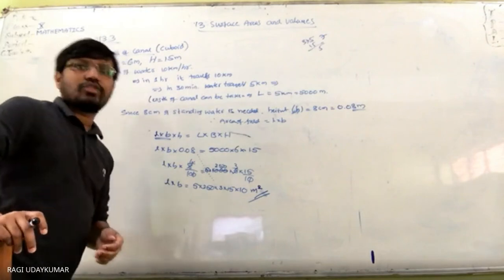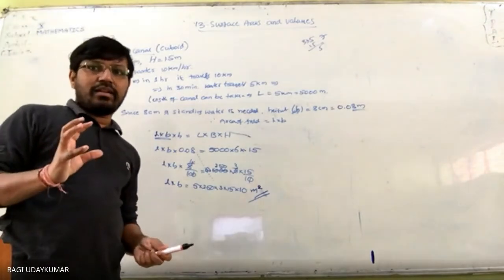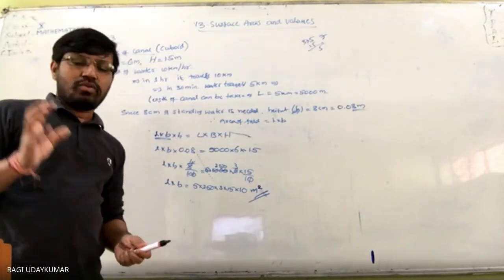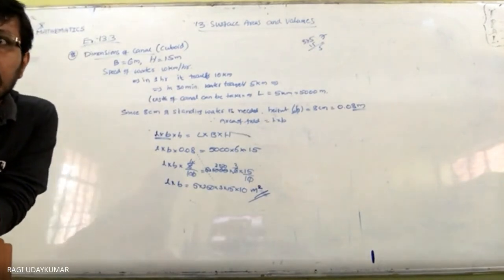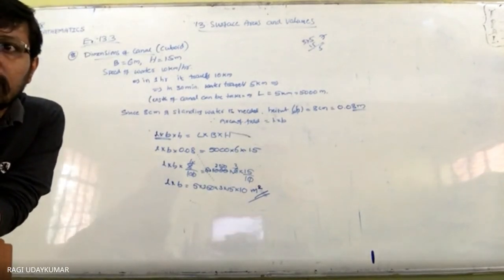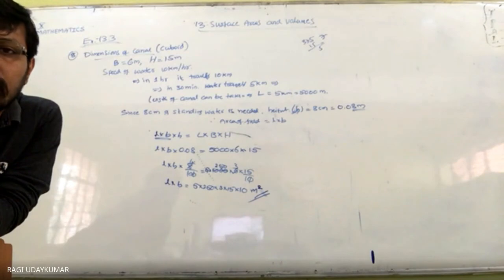Next, last question. A farmer connects the pipe of the inner diameter 20 centimeters. Okay. Question मैं दिखा दूँगा.